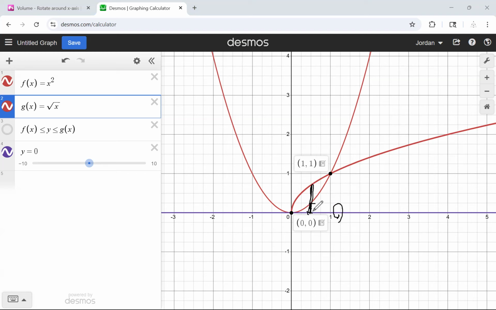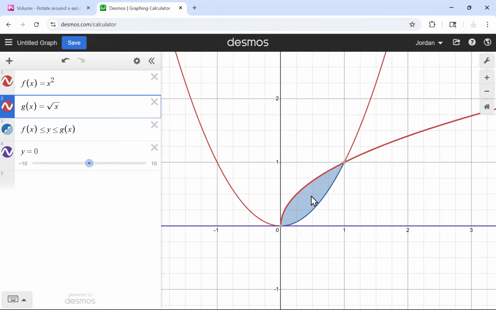The inside goes from x squared to the x-axis. And again, that's because my region looks like this. So there's my region, rotate around. By the way, we are going to have some holes in the middle. If you think about this, this is almost like a cup shape. And so we're going to get some holes in the middle.